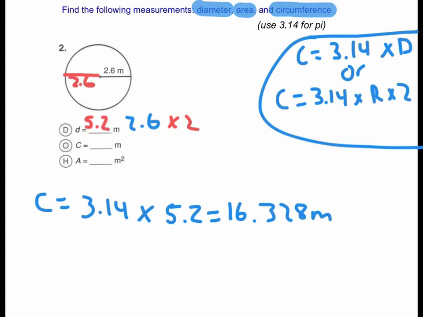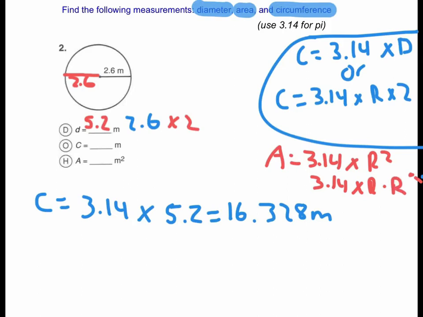Okay, so now that's a different formula, and we do have these posted in the room, but area, remember, always equals, area equals 3.14 times radius squared, or 3.14 times radius times radius. Either one works. A lot of people like this one, because then we don't have to worry about the radius squared.